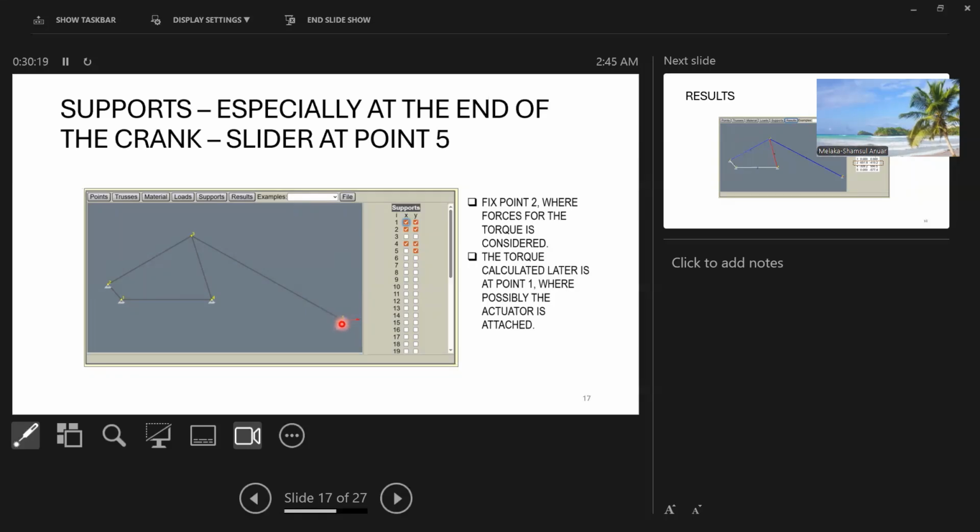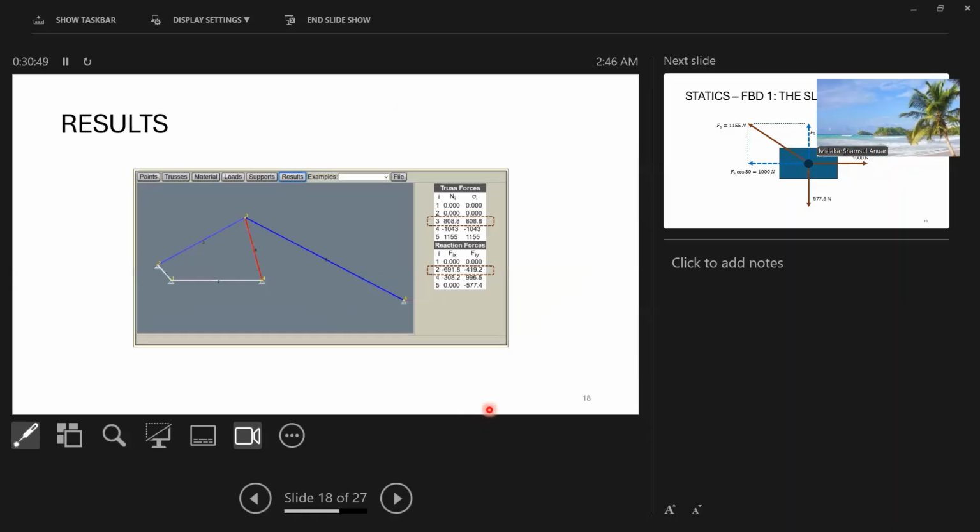For the slider at point 5, we just constrain it so that it will not move in the y direction, so we toggle that. Also at the point where we want to find the forces involved in calculating the torque, at point 2, you want to constrain both x and y directions.